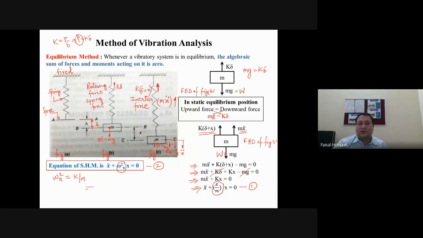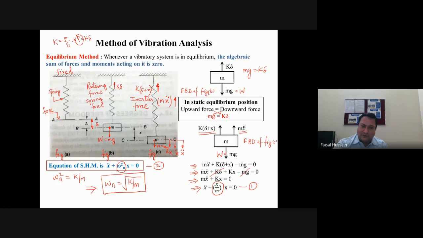So now I can say that the natural frequency is under root k by m. This is the expression for natural frequency using the equilibrium method. Understood? This is the basic.